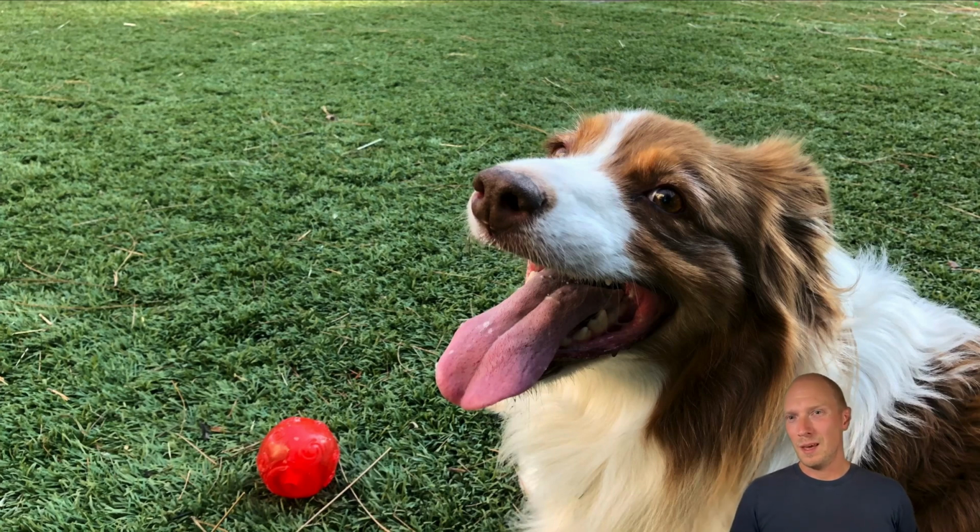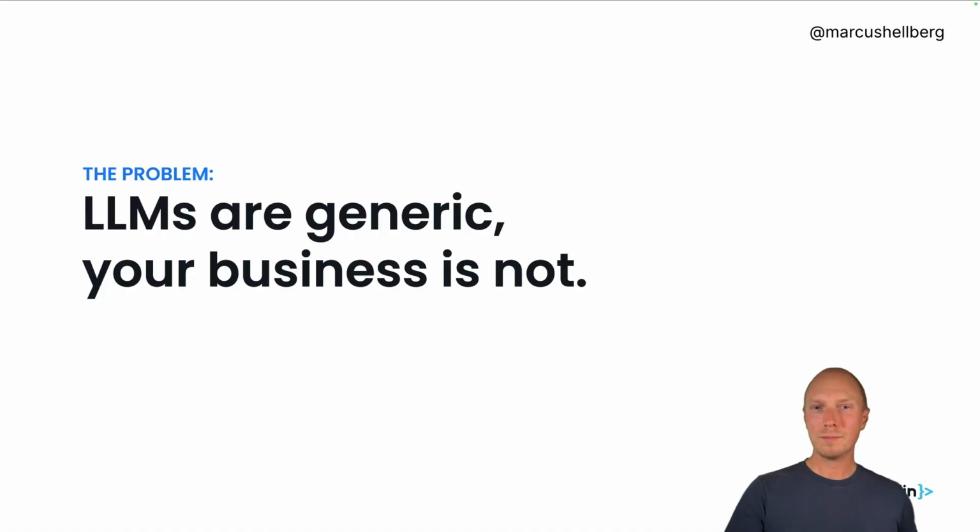But likewise, if you've ever used ChatGPT or any other tools like it, you've probably run into a situation where it's struggling to answer something that's seemingly simple, and you're like, why is it doing this?